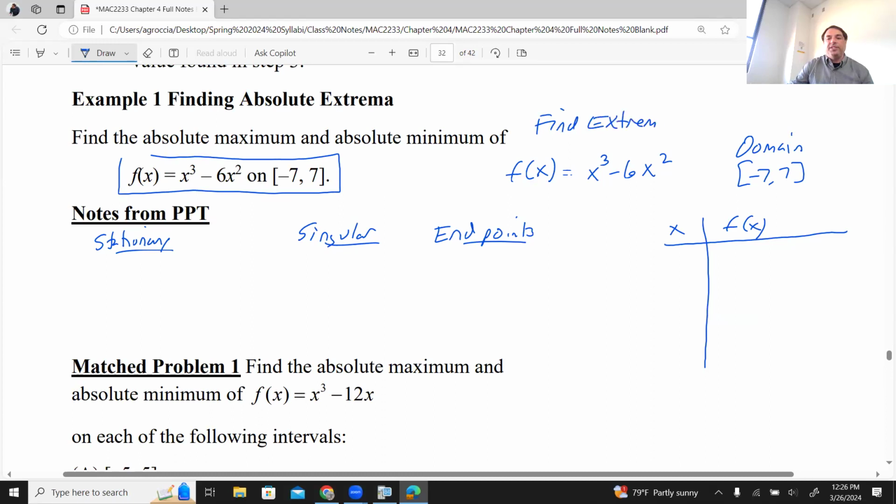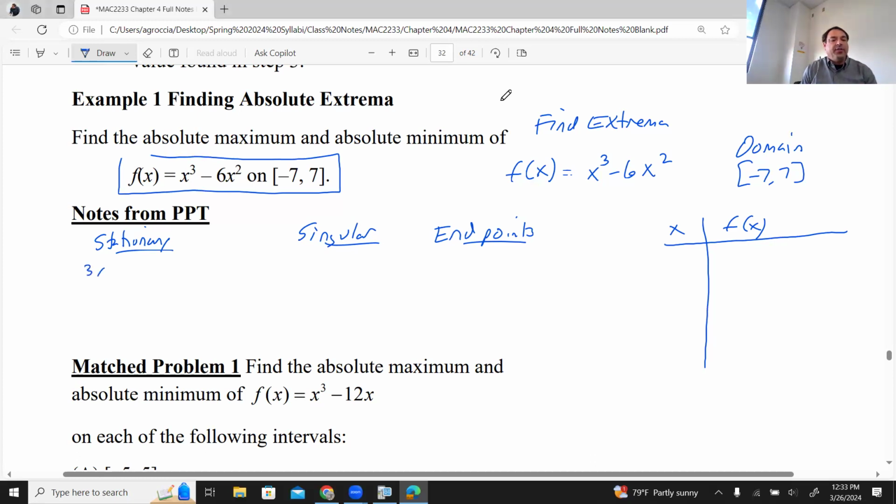So again, today we're focusing on extrema, and we're focusing on absolute or local. We learned inflection points, x-intercepts, y-intercepts, increasing, we learned all that, but right now we're focusing on extrema. So extrema, stationary, singular, endpoints, make the table, make the graph, we're on our way.